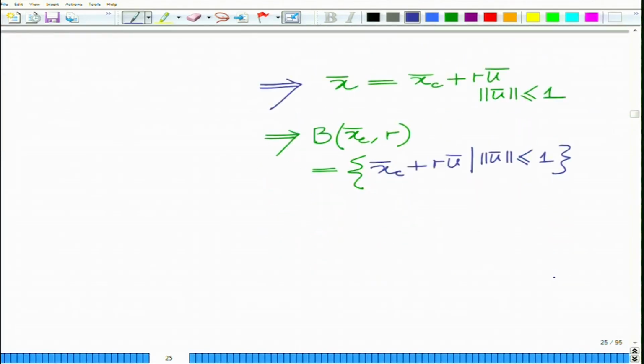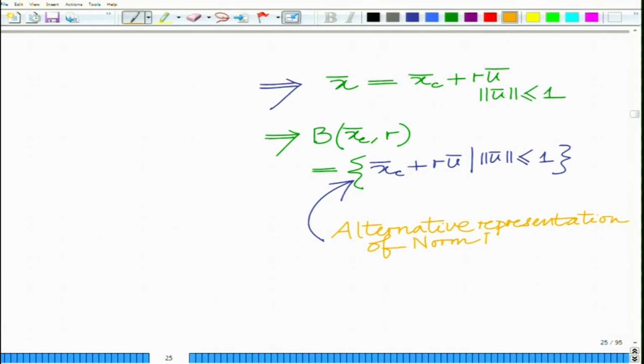This is an alternative representation of the norm ball.